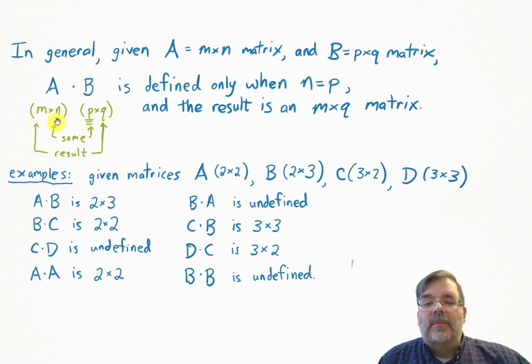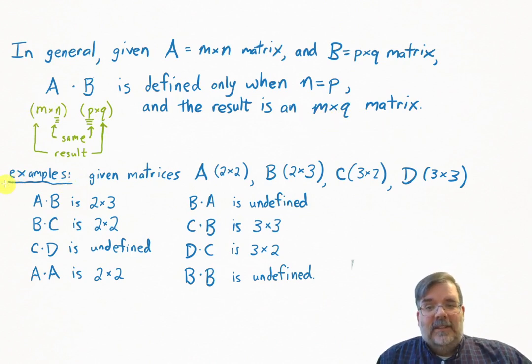N and P must be the same, so you can calculate those dot products. And since you have M rows in the first matrix and Q columns in the second, the grid of cross products will have M rows and Q columns, leaving us with a result of this size.